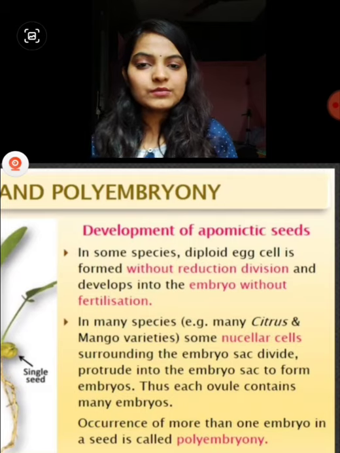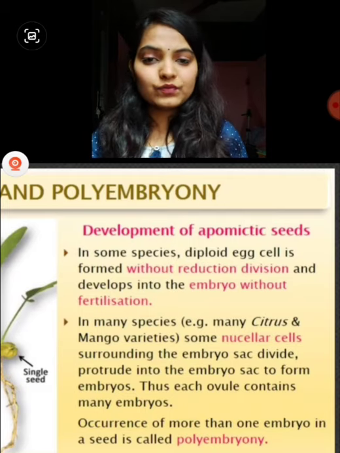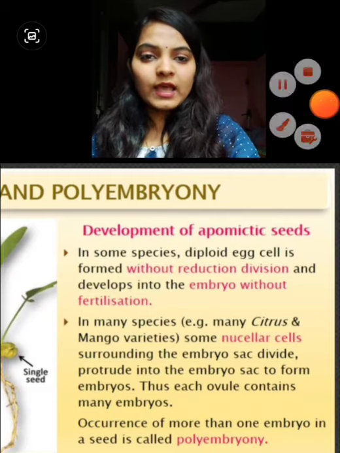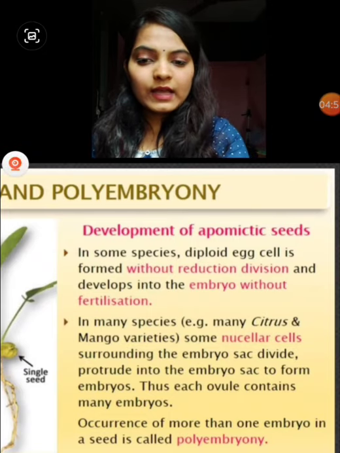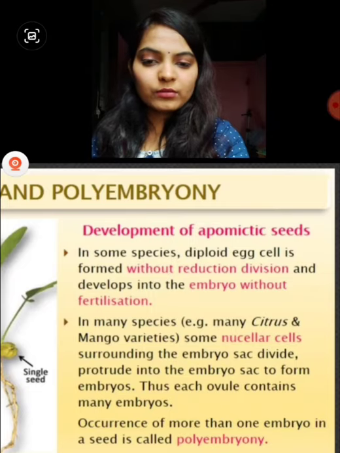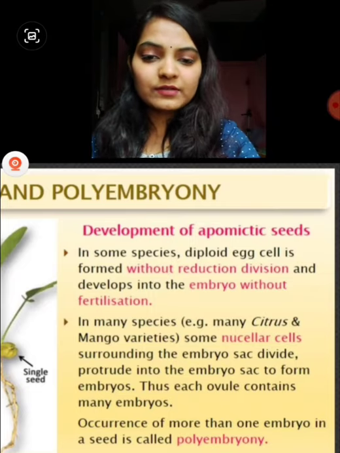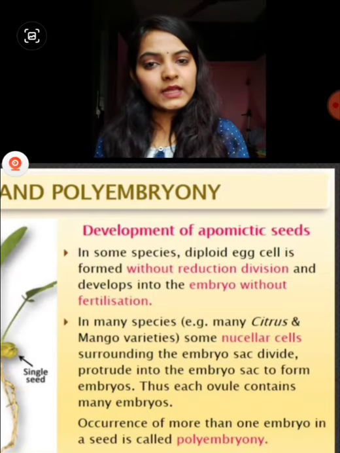In some species, a diploid egg is formed without reduction division. As we know, the egg is a female gamete. From the cell, during gametogenesis, as we have studied, it should form a single gamete, so it should be n in number.